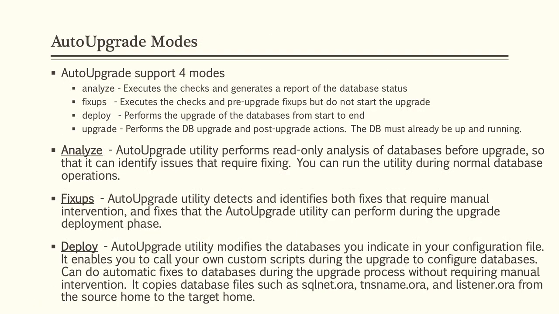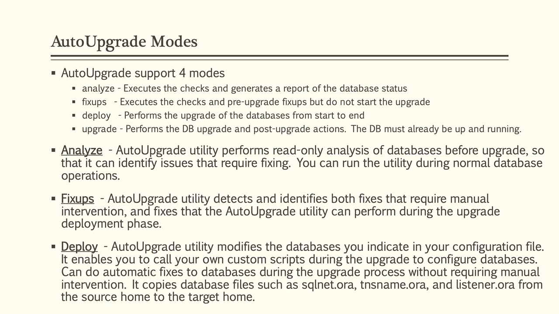Now let us get into a little more details of it. So AutoUpgrade, when you run an AutoUpgrade instance, which is a Java program, it supports 4 different modes, and each mode is responsible for doing certain tasks or a set of activities which are required throughout the DB upgrade. Those 4 modes are: analyze.